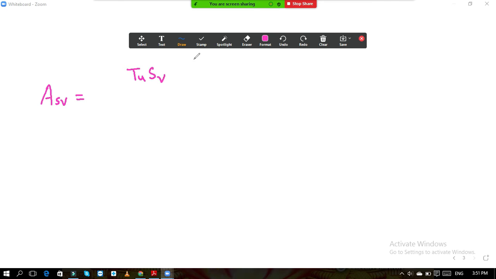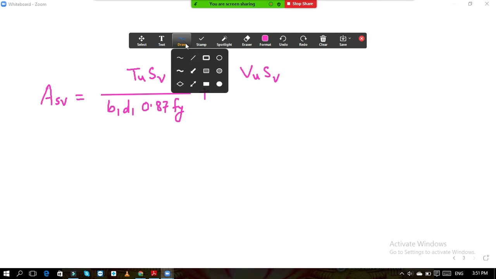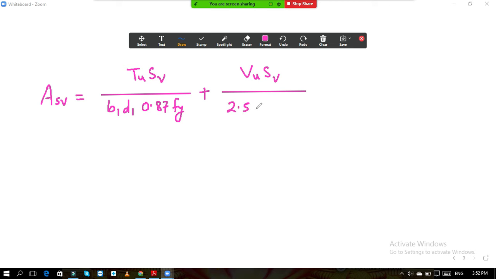U into SV, whole divided by B1 into 0.87 FY, plus U into SV divided by 2.5 D1 into 0.87 FY.